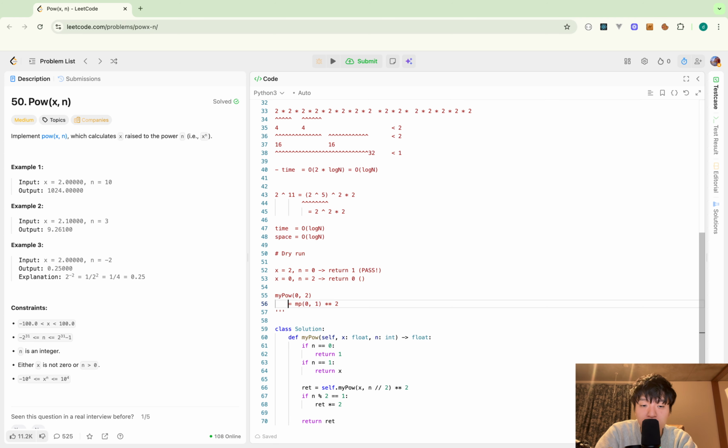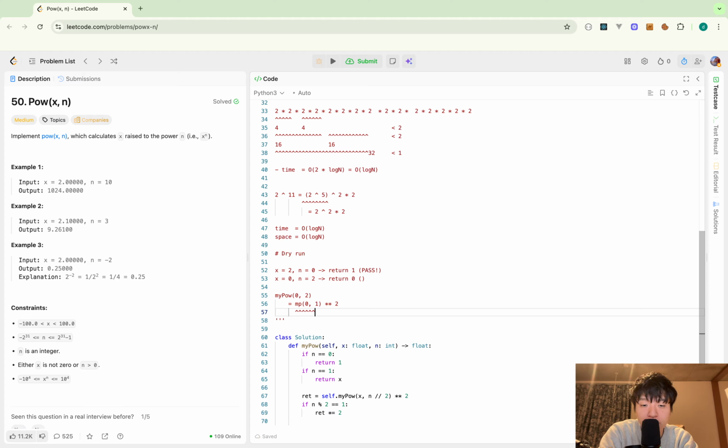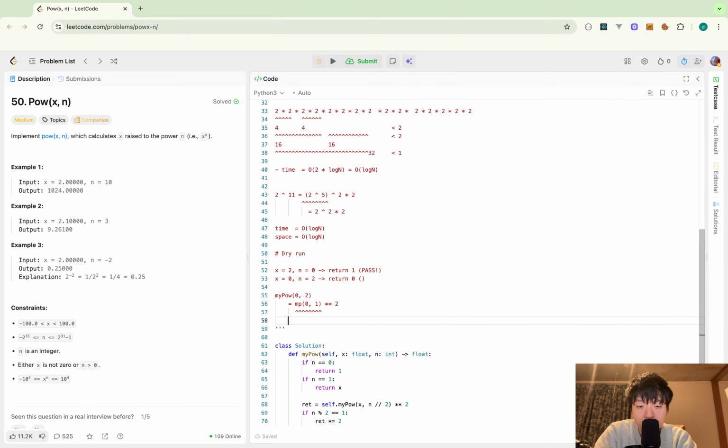And here, for myPow(0, 1), because n is 1, in line 66, I return x, which is 0. So in the end, 0 to the power of 2 should be 0, so I return 0. Okay, I passed this case.